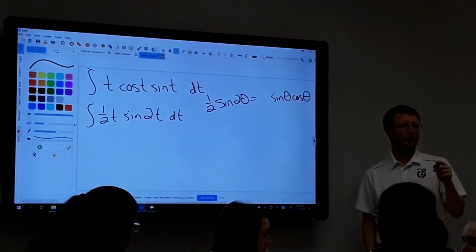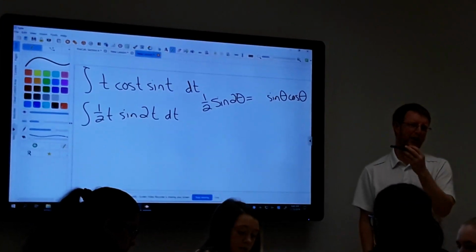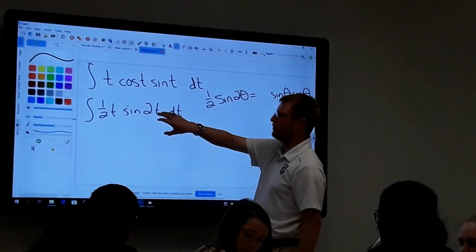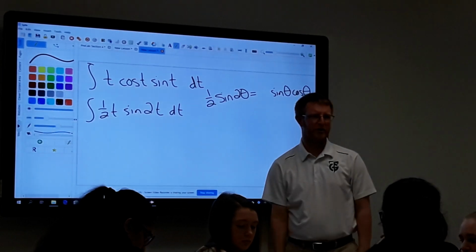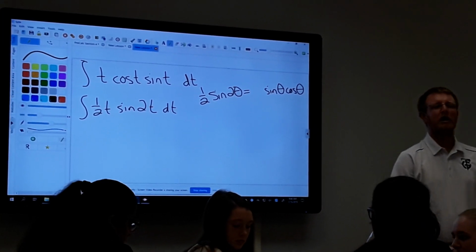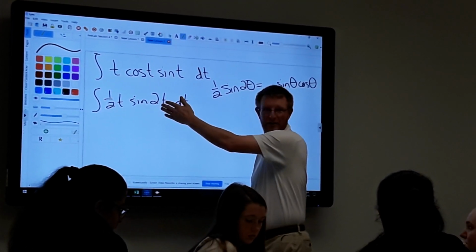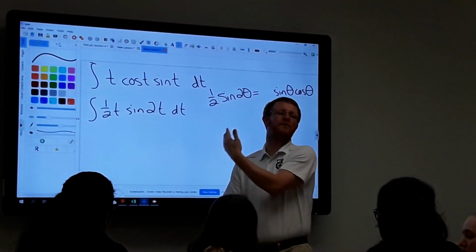Now, here is one thing that we need to point out, and again, you're not going to need this for the quiz tomorrow, but it's just good knowledge. When you take the antiderivative of sine of 2t, it works the exact same way as an e function. It will be the antiderivative with the 2t there, divided by the derivative of the 2t.